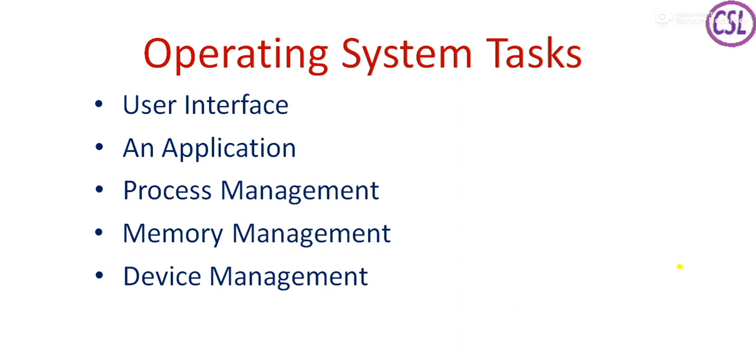Now the operating system identifies which devices are attached, which device is busy, which device is free, and what the user program requirement is. Based on the requirement, it manages the devices. If the device is busy, it puts that process in a queue, and if the device is free, it allocates the device to that particular process. Like that, device management has to be done.